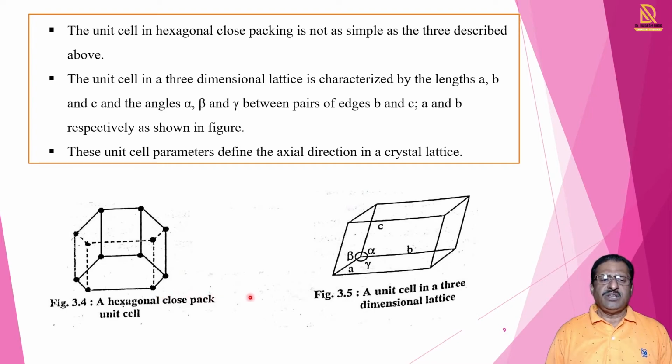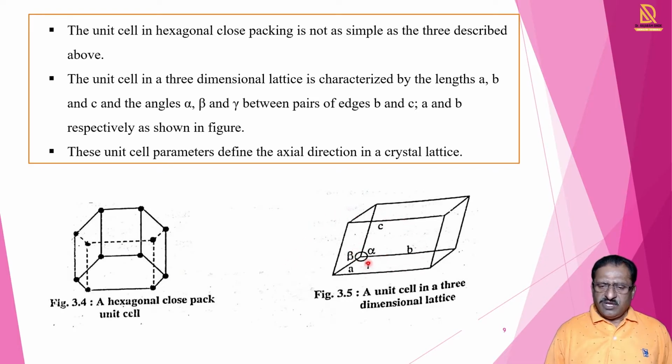So a unit shell in a three-dimensional lattice is characterized by the lengths along A, B and C and the angles alpha, beta and gamma between the pairs of edges, that is B and C, A and B, and like that, as shown in this diagram.